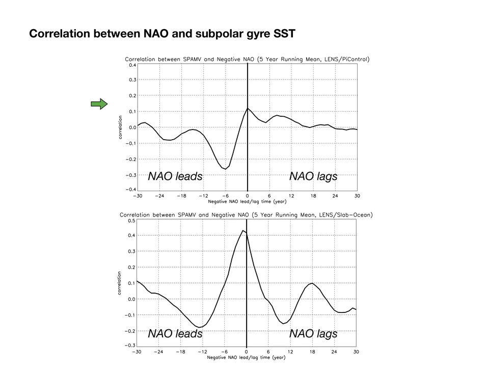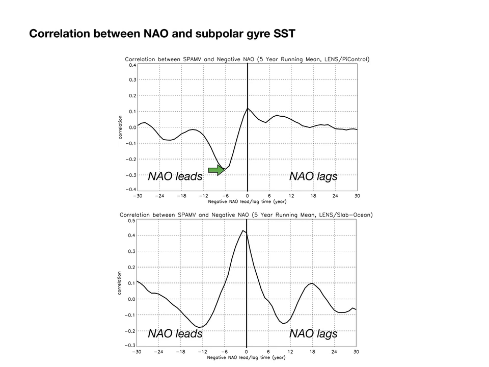In the coupled model, we see something quite different. If we go back in time to 6 years before, when the NAO leads the ocean by 6 years, we see that the negative NAO is of negative sign related to the SST.